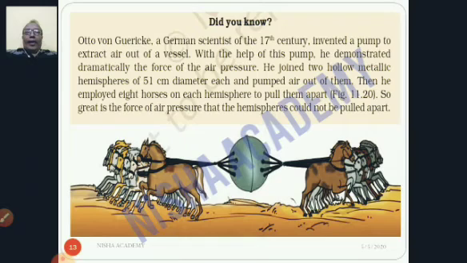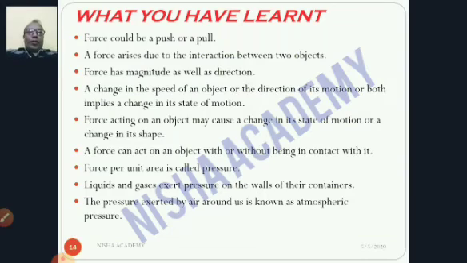So here we are ending chapter 11, that is force and pressure. So what you have learned, let us recall again from the start. Force could be a pull or a push.